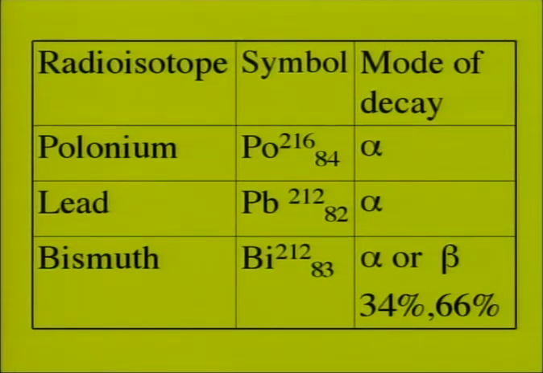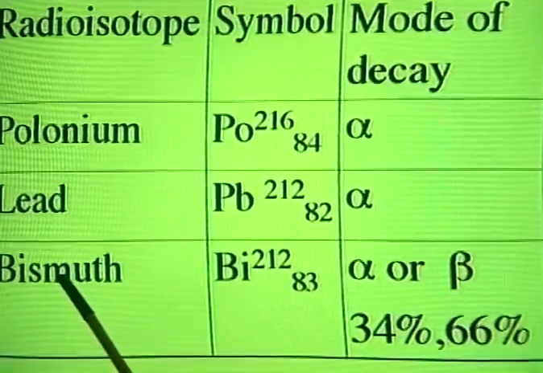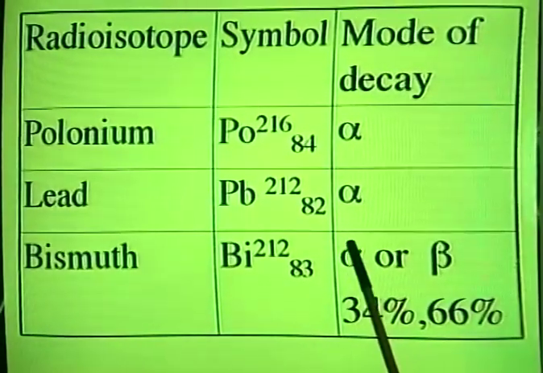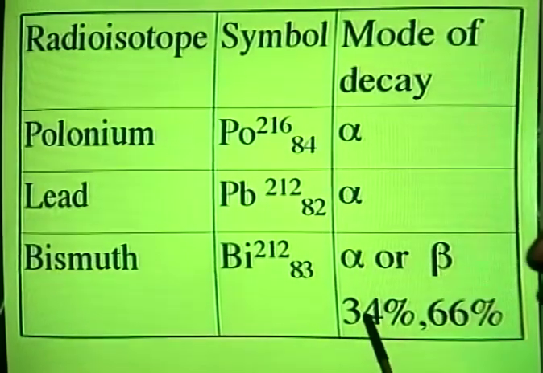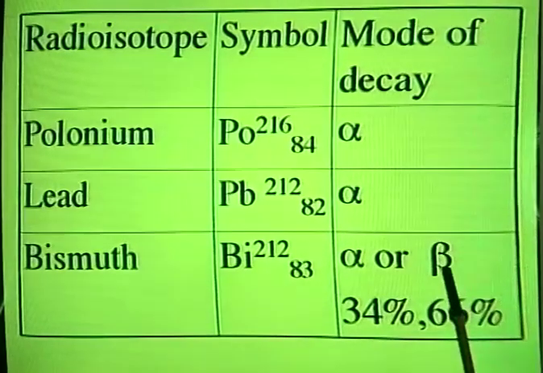Okay, for this one, this radioisotope, this type of decay especially, it comes with this alpha from polonium to lead, and then from lead it has to go through further decay to this. From there you find that the percentage decay for each one of these is, okay, alpha will be 34, and that is 66, especially for this.